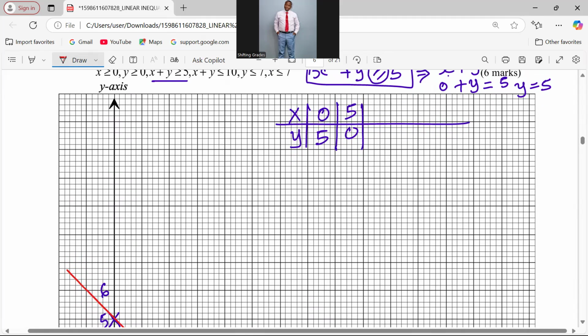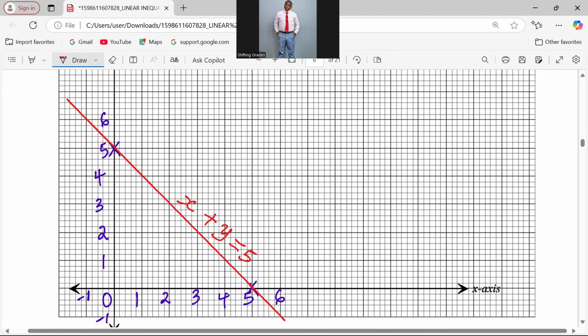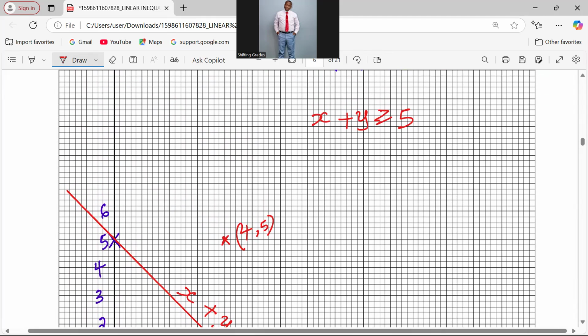So remember, we have x plus y being greater than or equal to 5. If we pick a coordinate at this side, for example 4, 5, we are supposed to place it in the above relationship to see whether the two sides obey the inequality symbol used.